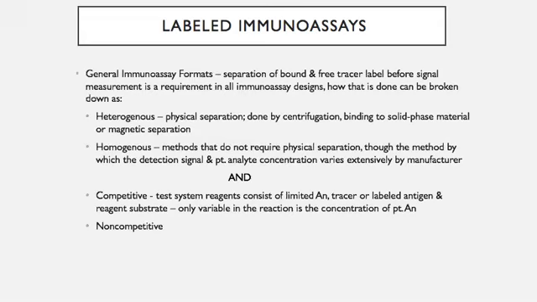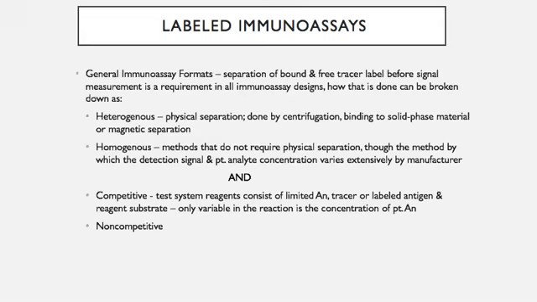So you've got a wash step that removes unbound label, and then the amount of antibody bound label is measured and used to determine the amount of patient antigen that's present.